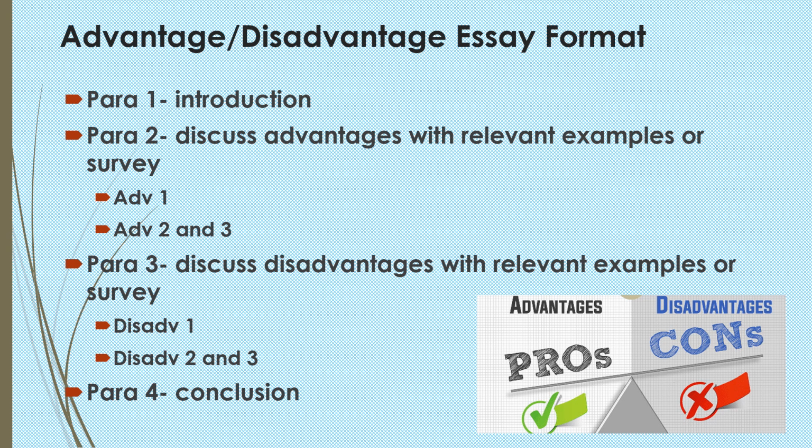Type down your notes and say advantage 1, 2, and 3, and make sure you add an example or a survey, otherwise your answer will be incomplete. In paragraph 3, you need to discuss the disadvantages with the relevant examples or a survey. Again, you list down your disadvantages 1, 2, 3, and do the final conclusion in paragraph 4.